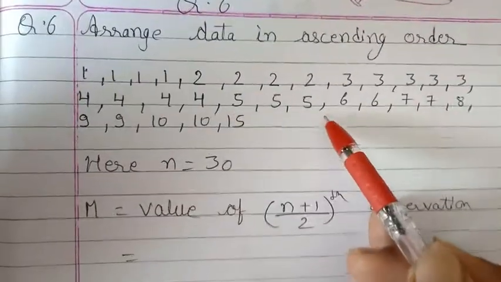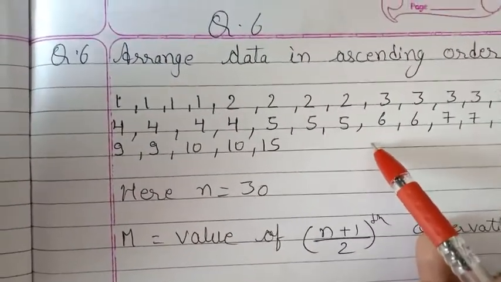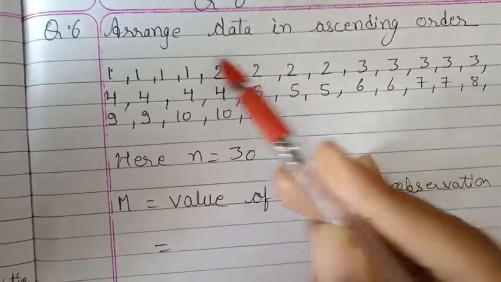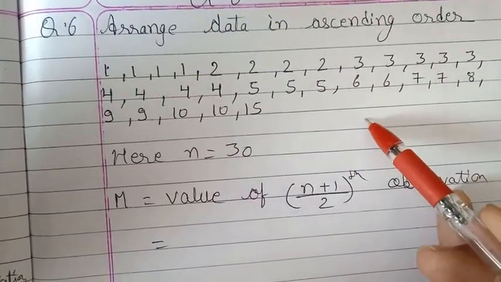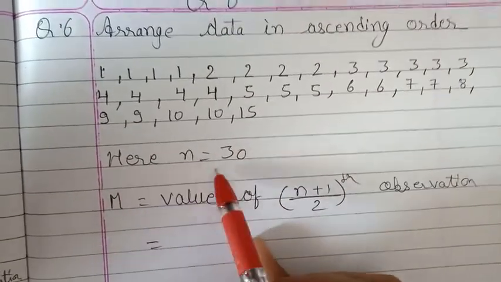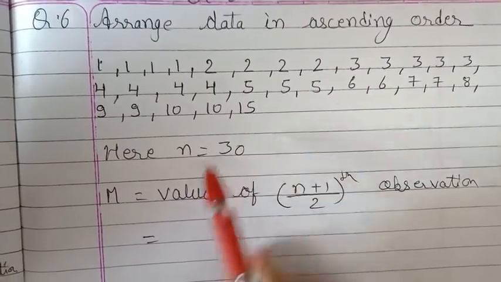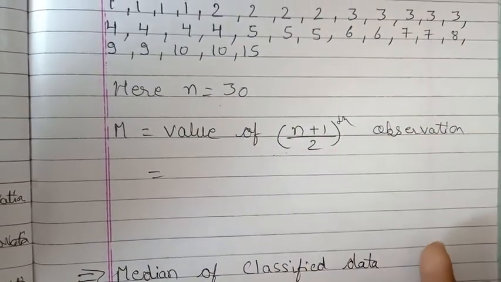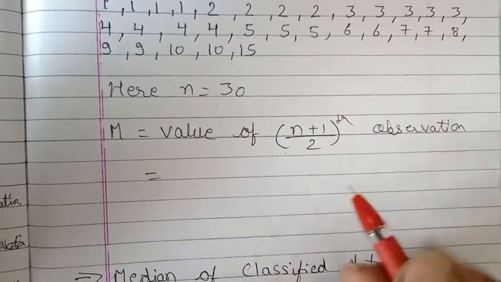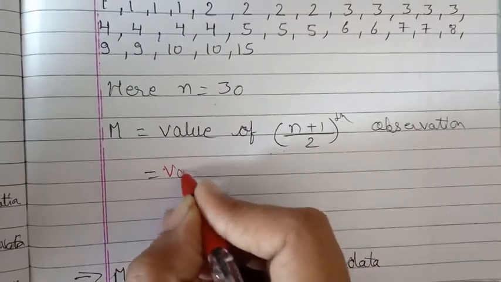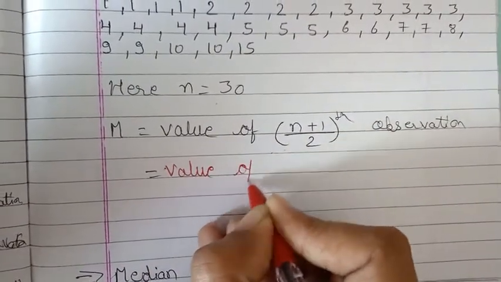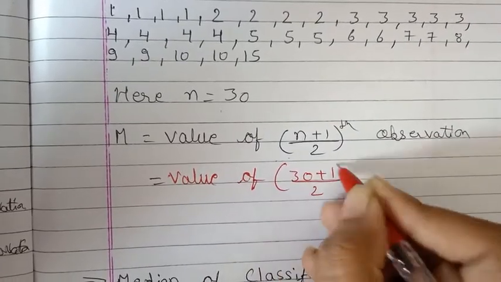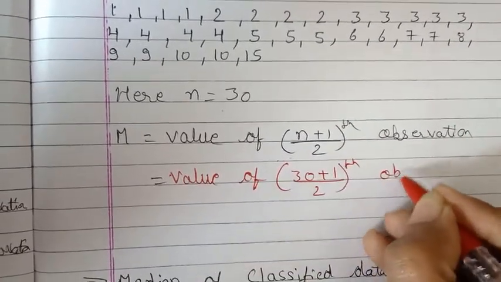Now as I have already said, whenever we are solving positional average, our first step is to arrange the data in ascending order. So we have arranged our data in ascending order. Then n is given to you, that is 30. Now m is equal to the value of (n plus 1) upon 2th observation, that is (30 plus 1) upon 2th observation.